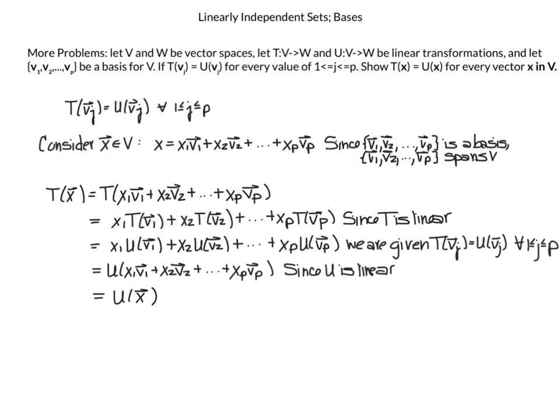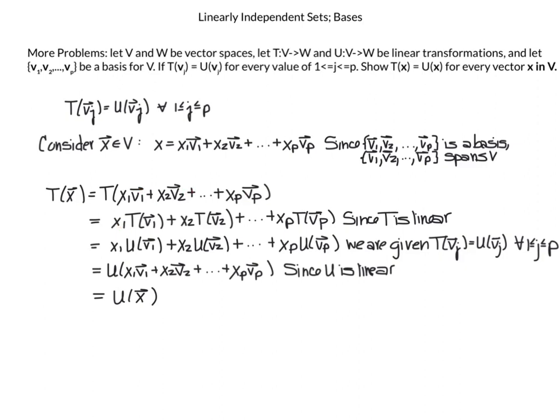So now when we plug x into T, T of x is equal to, and then I wrote my linear combination out, T of x1 v1 plus x2 v2 up to xp vp. Now since T is linear, we can pull out the scalars and also separate out each term.